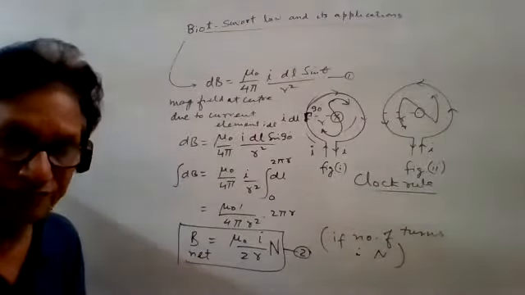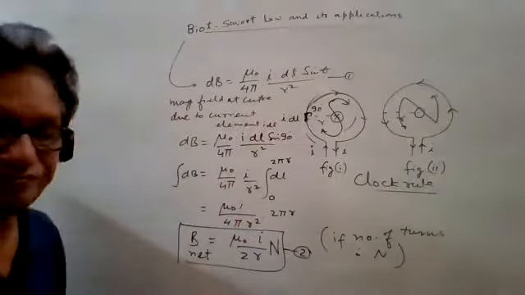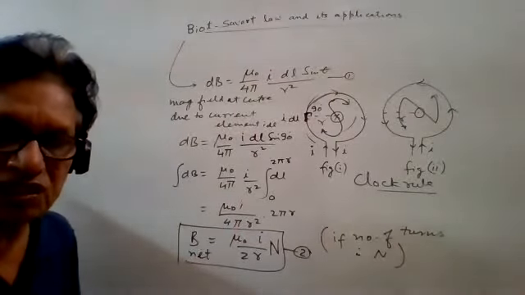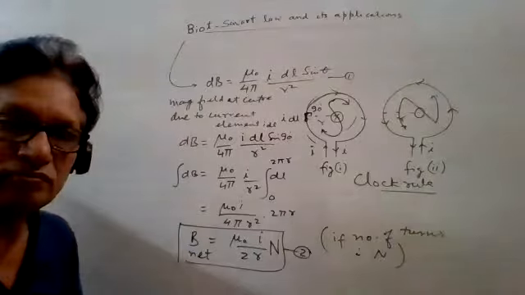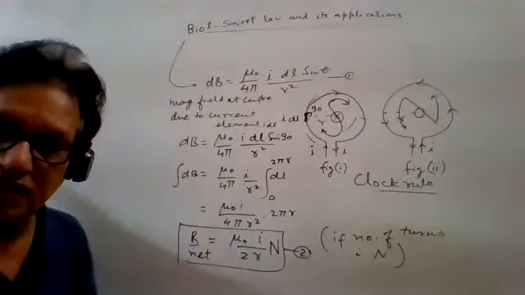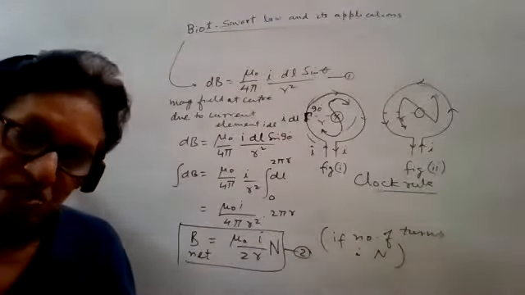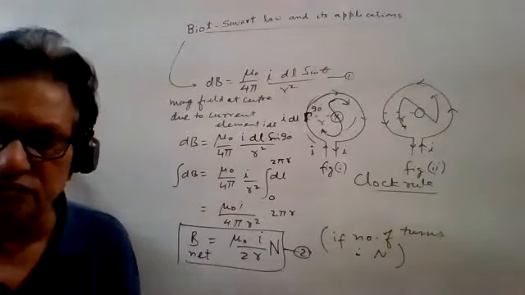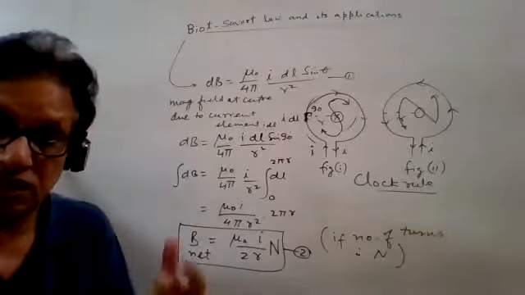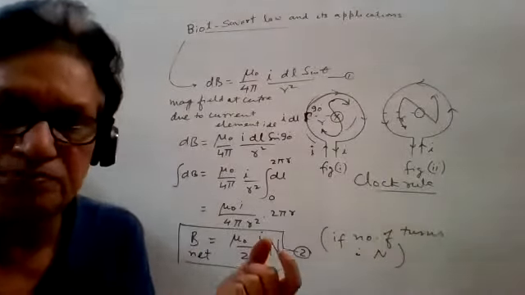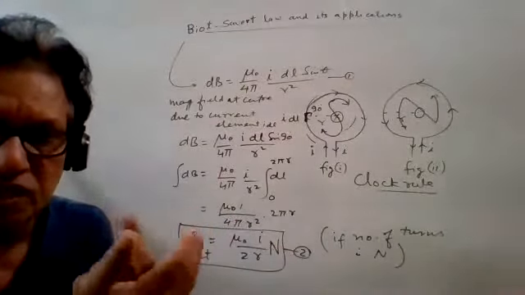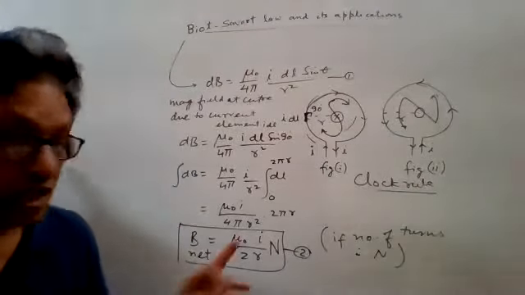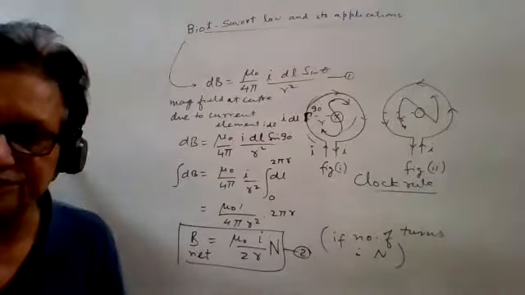If the number of turns is 1, replace capital N with 1, 2, 3, 4, like that. As a special case, N can also be half, 1/3, 1/5, 1/10, because it may not be a full turn but maybe half, maybe quarter, a small portion. Even then the magnetic field is there.